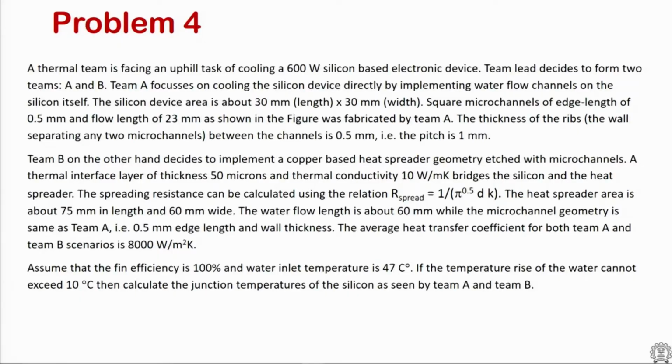So, we will continue from the last module's problem solving, which is we wanted to look into two cases. There was a silicon device that was dissipating about 600 watts, and two teams were working with different solutions for how to dissipate the heat so that the junction temperature is kept below the maximum allowable, which is about 100 degrees Celsius.